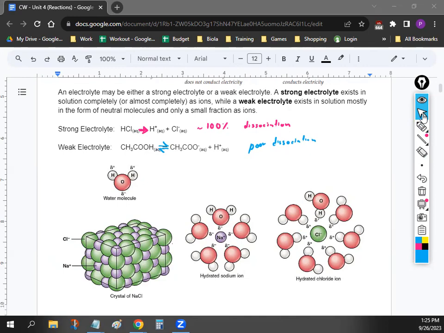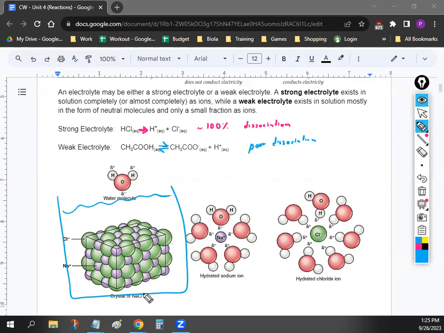Okay. So let's talk about how these electrolytes break apart in water. Okay, so we have a picture here of sodium chloride, which is salt, and then we got purple dots signifying sodium and green dots signifying chlorine. So we have this block of salt, let's say, and then let's say that we put it inside of water.